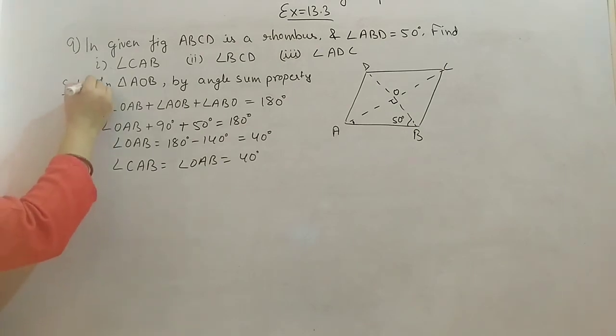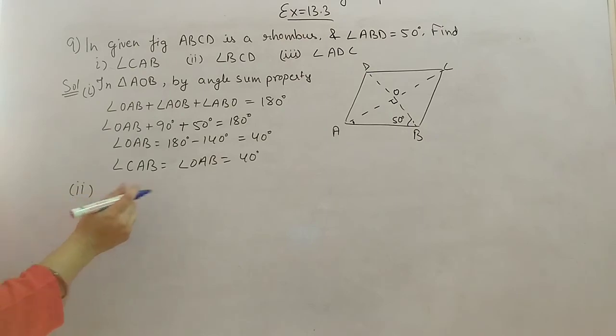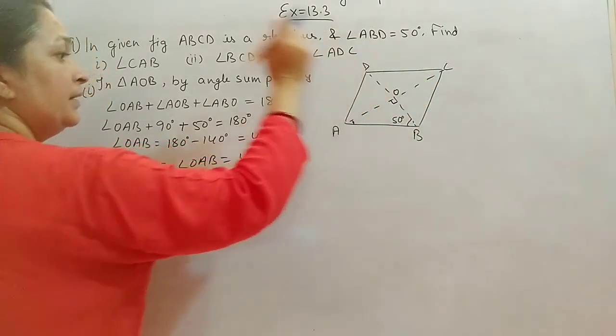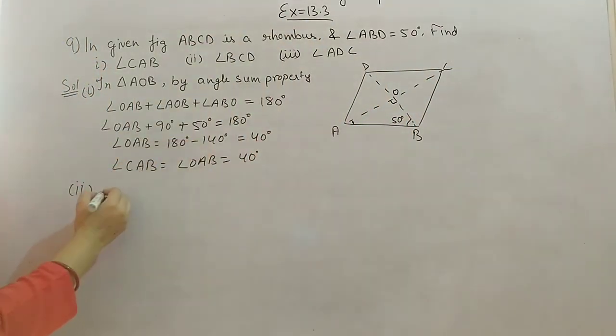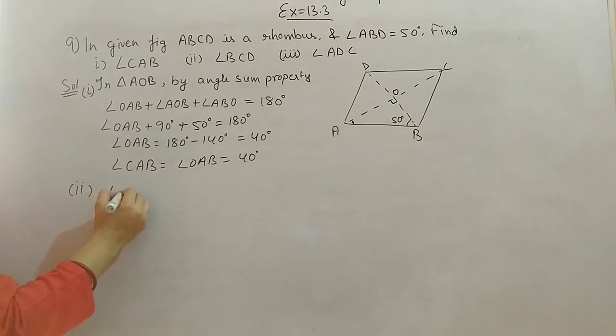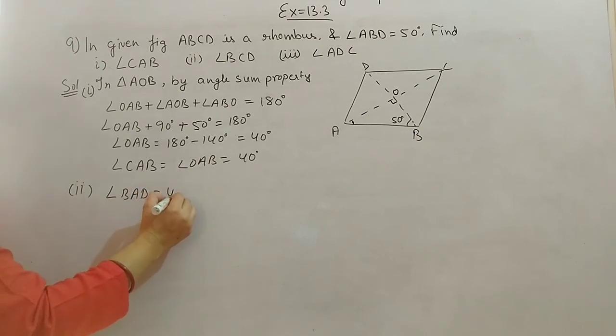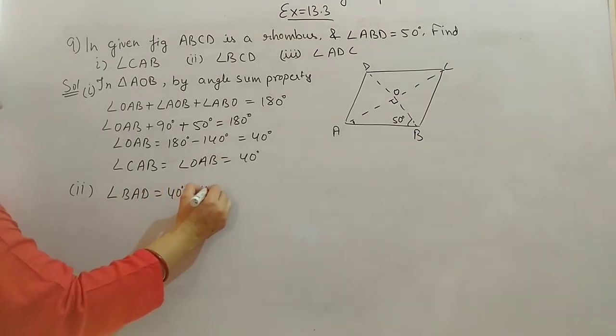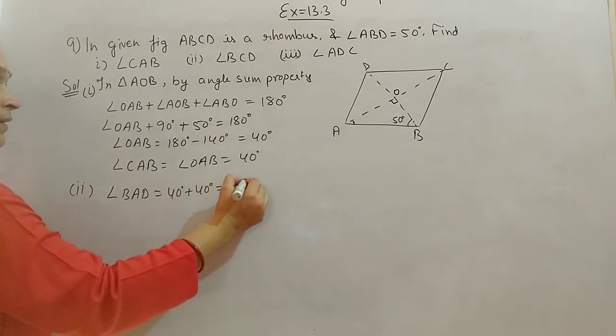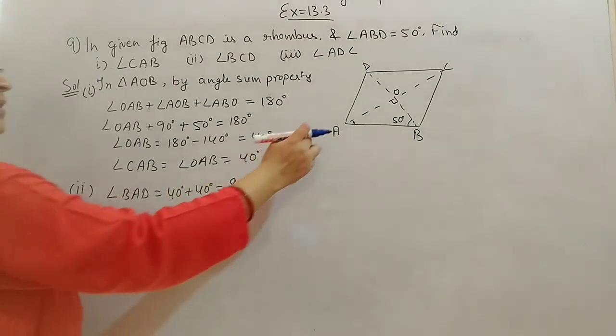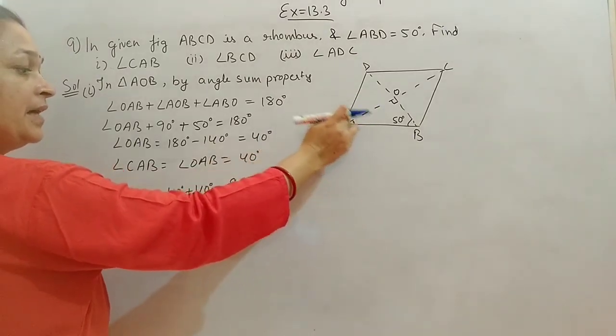Second part, you have to find out angle BCD. Now this complete angle BAD will be 40 plus 40 means 80 degree, because these diagonals bisect these angle also.